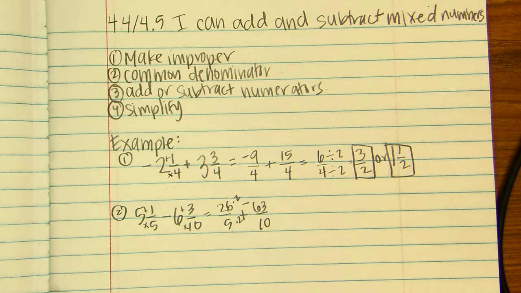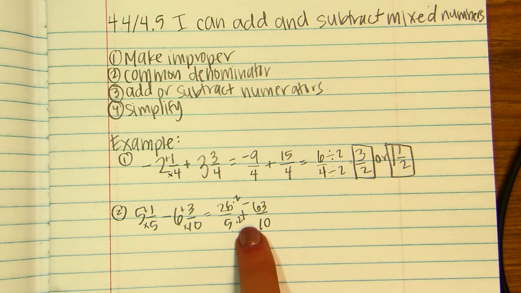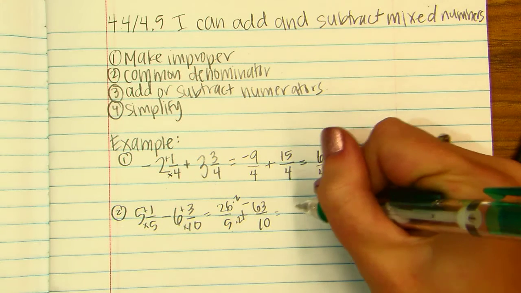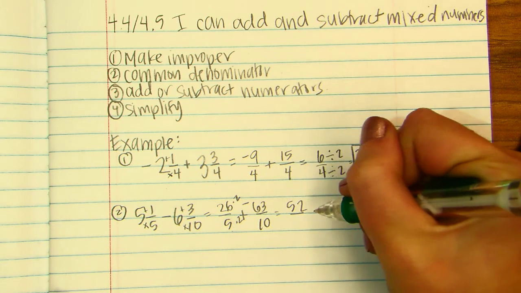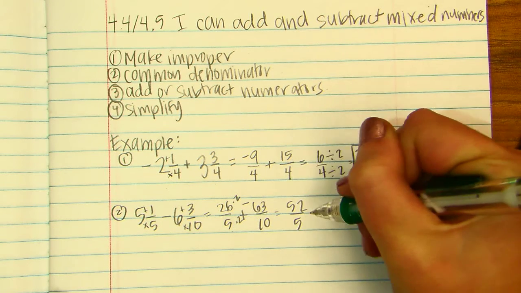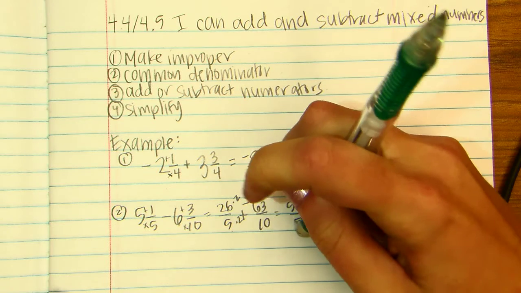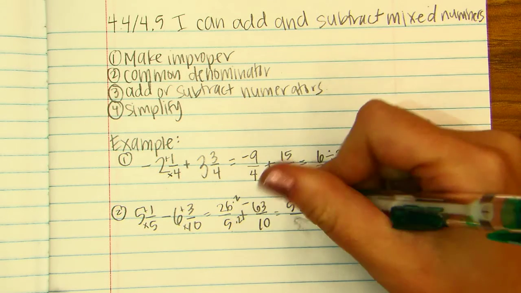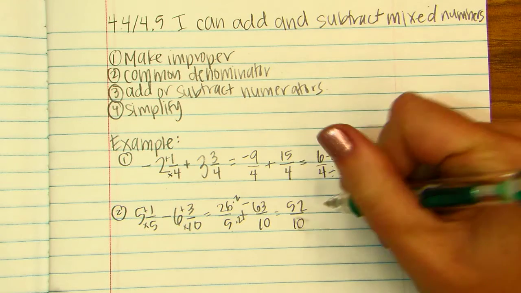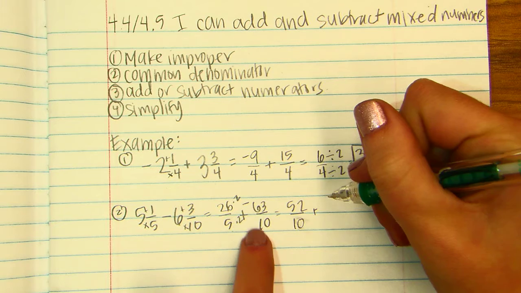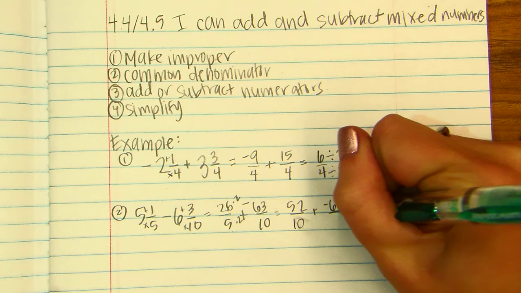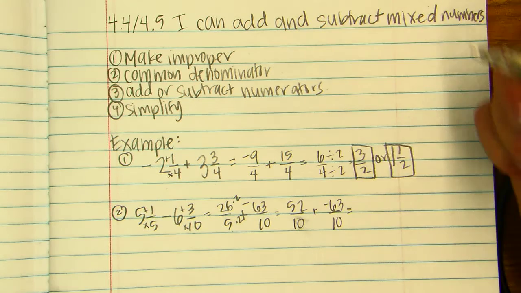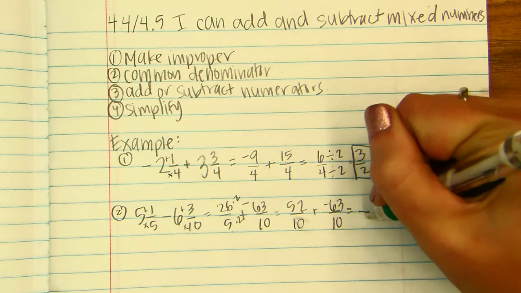So I'm going to show that I'm multiplying the top and the bottom by 2. 26 times 2 is 52 over 5. Oh, sorry, I messed up. 5 times 2 should have a 10 on the bottom down here. And then plus, this is now a -63 over 10. And I keep the denominator the same, so I have a 10 in my answer.